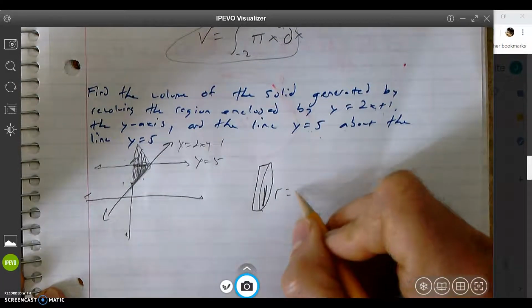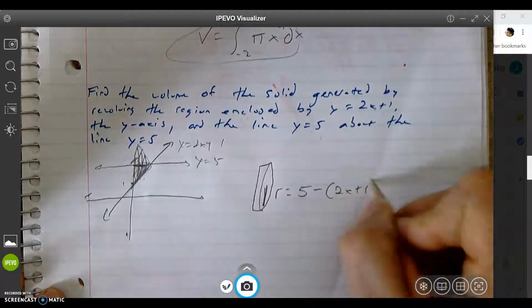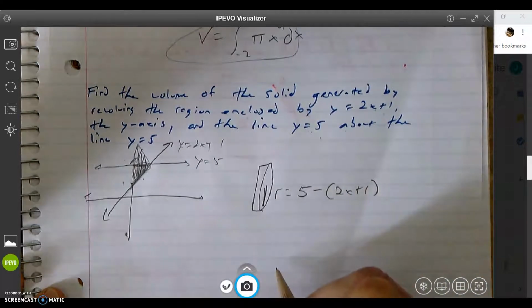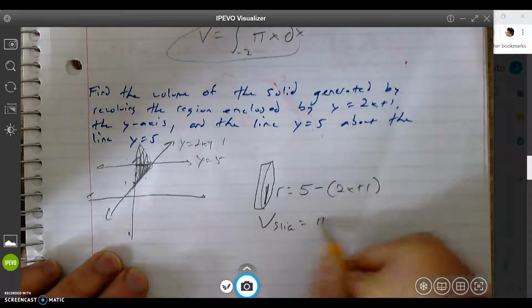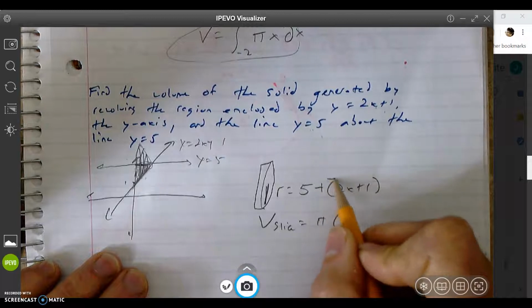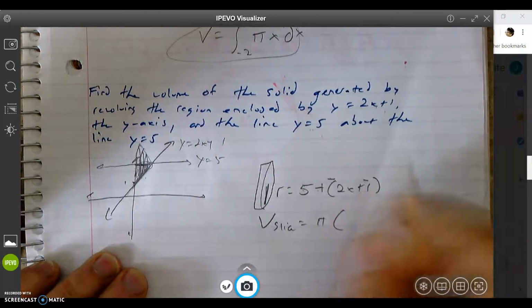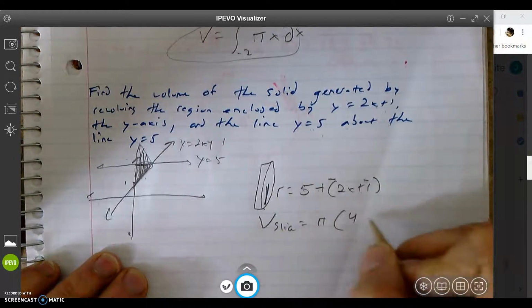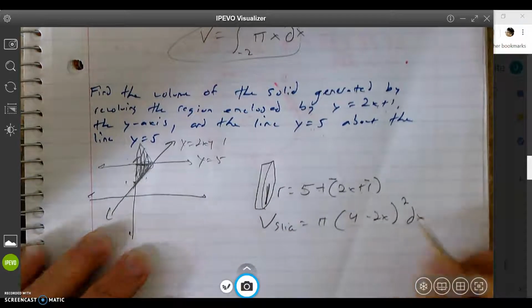So that's going to be 5 minus (2x plus 1) as my radius. Okay, so now the volume of a slice is going to be pi. Let's distribute this negative, shall we? 5 plus negative 1 is 4, and minus 2x, squared, dx.